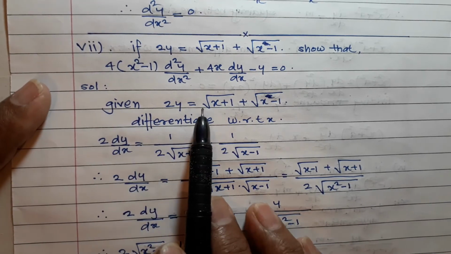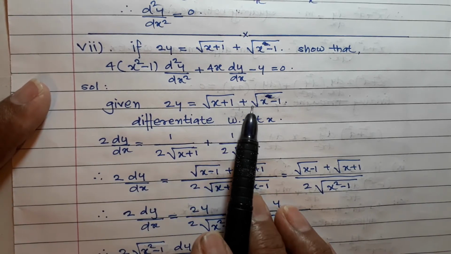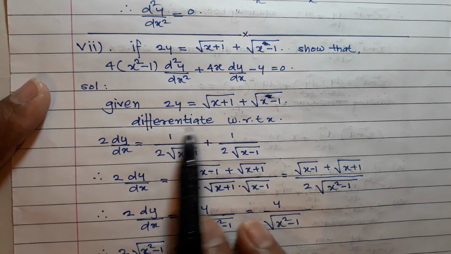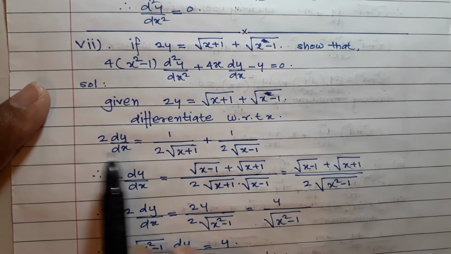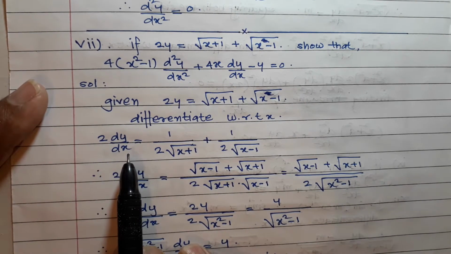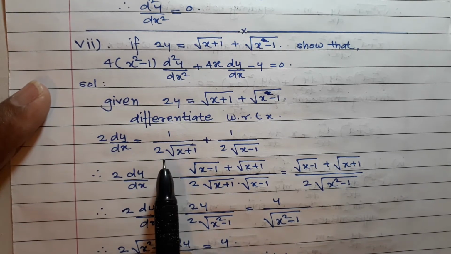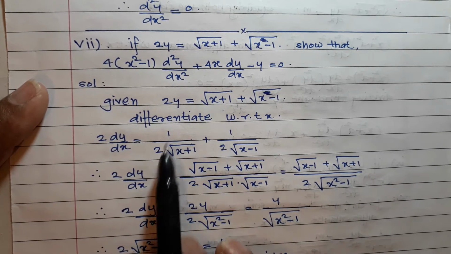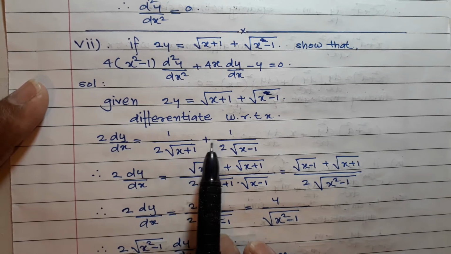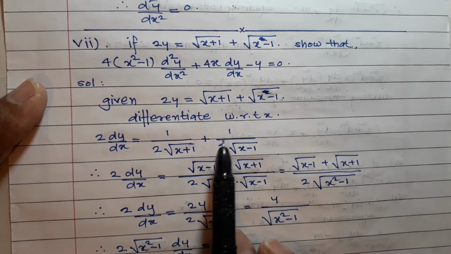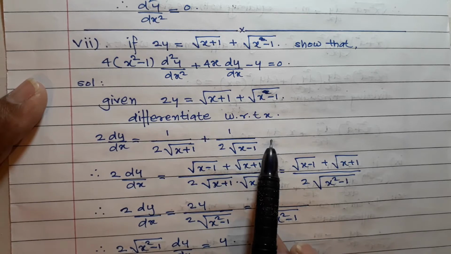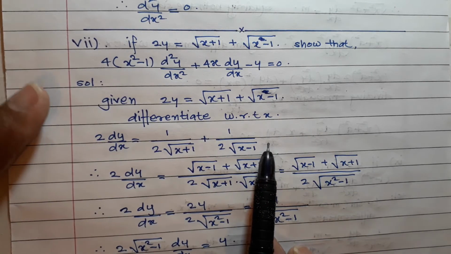Given 2y is equal to root x plus 1 plus root x minus 1, differentiate with respect to x. 2 dy dx is equal to 1 upon 2 root x plus 1 plus 1 upon 2 root x minus 1.